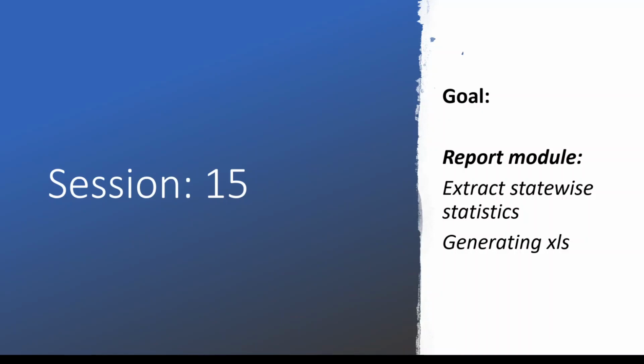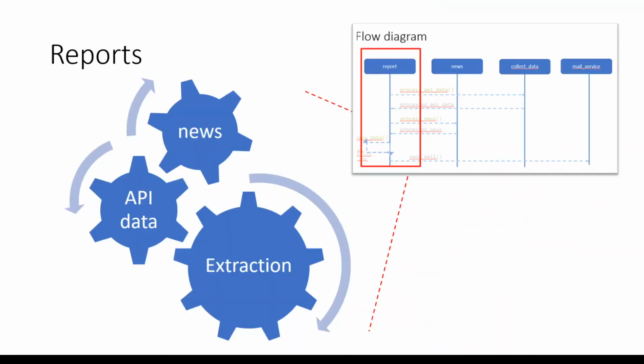We will focus on calculating the total number of active cases and keeping that in a dictionary. Then we'll also learn how to generate an Excel sheet with this data. Our end goal, as we see in the flow diagram, is to send a mail containing news and the API data.